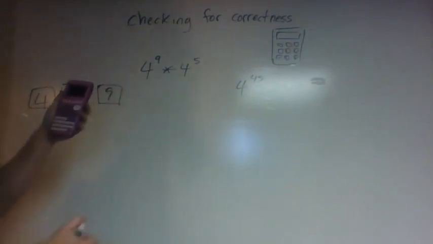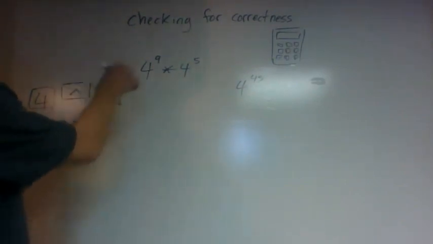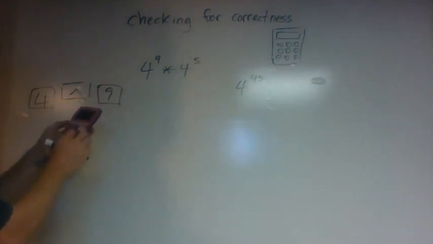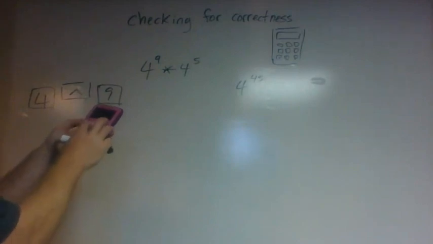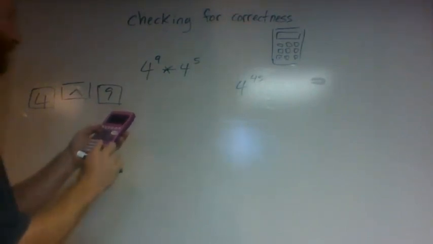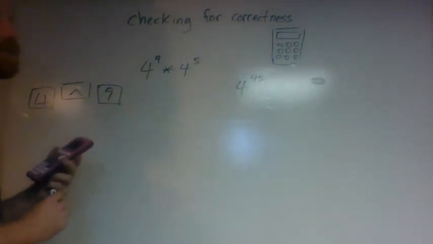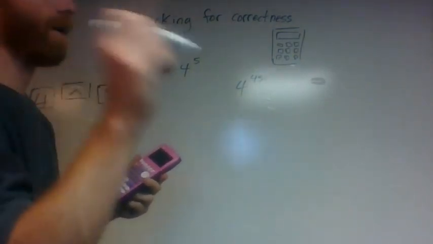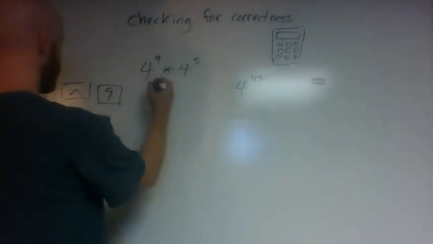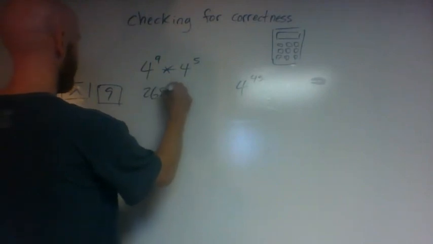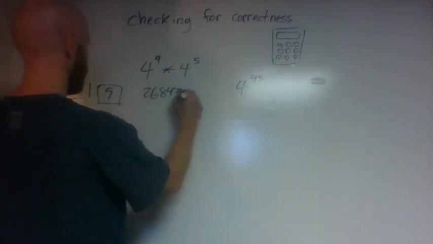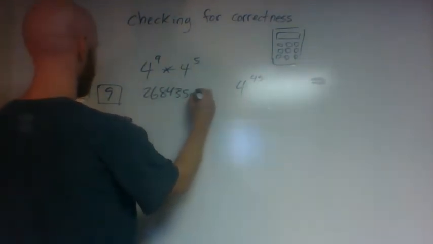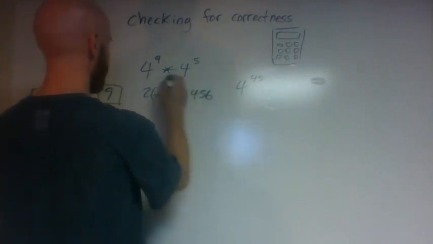Okay, so I'm going to do 4 to the 9th power times 4 to the 5th power, right? And here is my answer, my numerical value for this expression, 268,435,456.